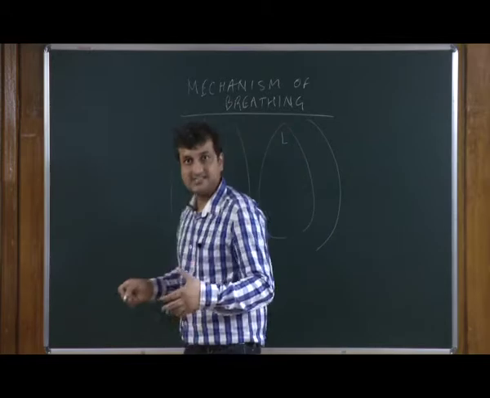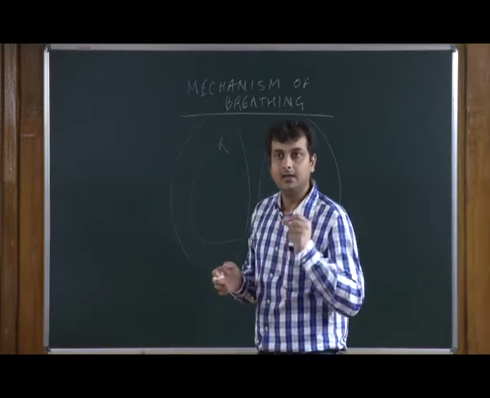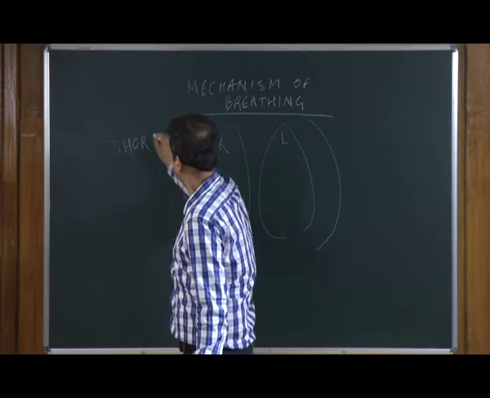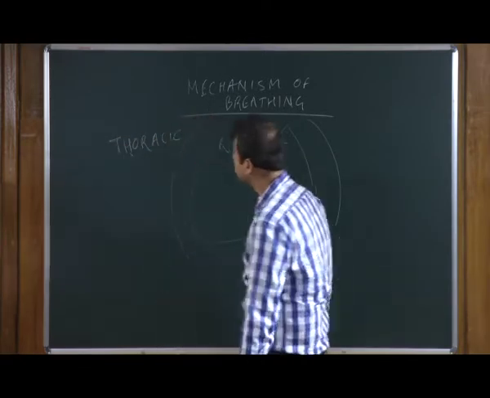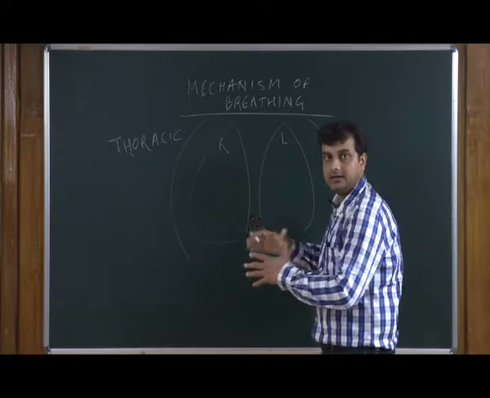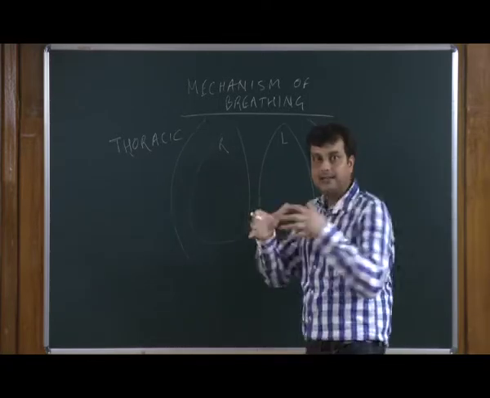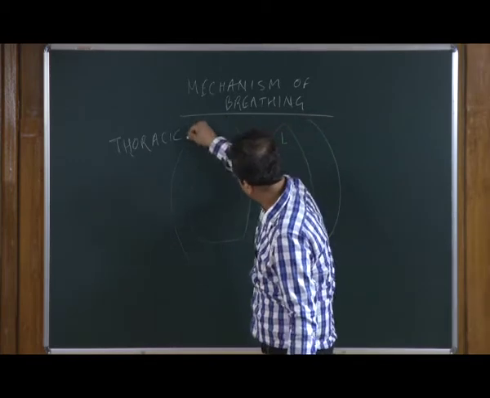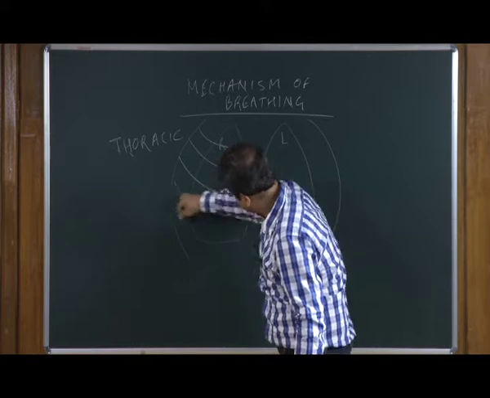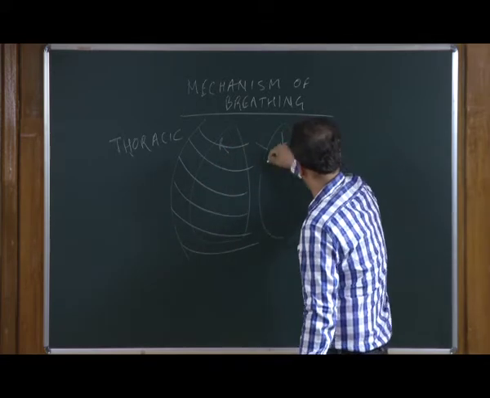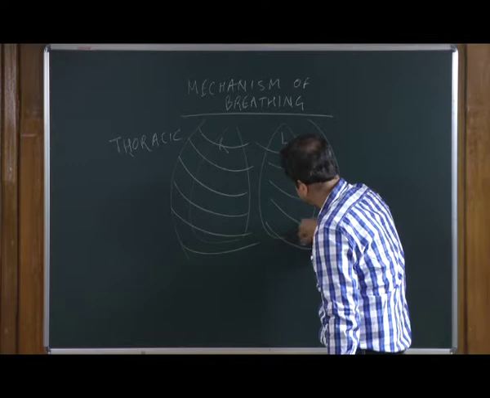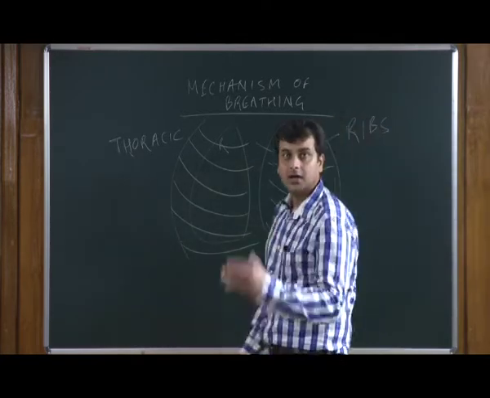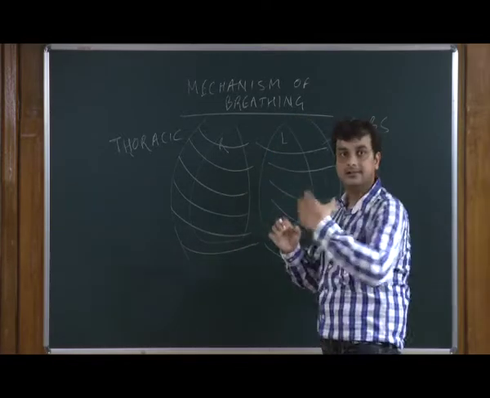We call it the chest cavity normally, and in biology it is called the thoracic cavity. So, the thoracic cavity is a cage-like structure encapsulating these two lung lobules. Now, these are lined by what we have discussed earlier, a very compact cage-like structure, and this we are calling ribs. So, these are ribs which are nicely covering the capsule.